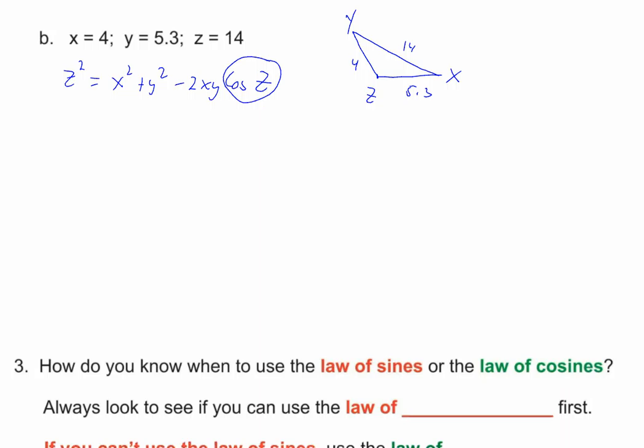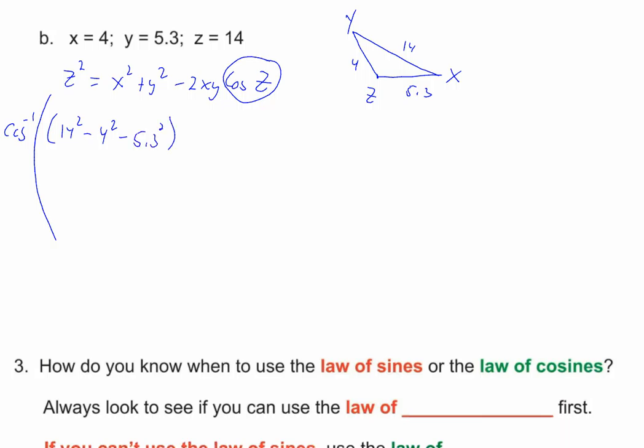I would right off the bat write cosine inverse and put my parentheses. And then I'd have my top parentheses. What is Z? 14, so it's 14 squared. What comes next? Minus the X squared, because we're moving the stuff on the right to the left. X is 4, so minus 4 squared, minus 5.3 squared.